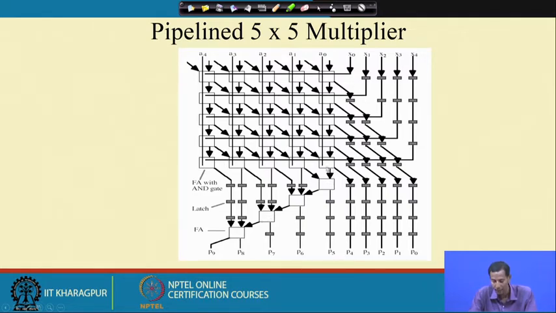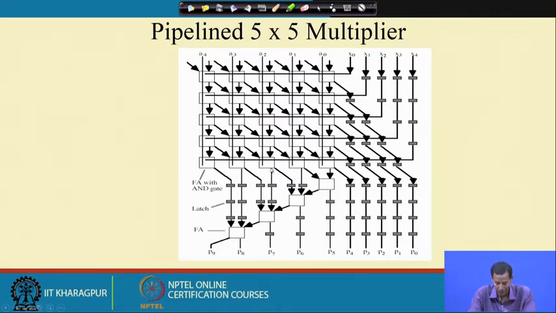Initially the P5 signal will come for producing P6. Then whenever P6 is generated, the corresponding outputs from these two blocks are passed to the next level. These two signals will come last.